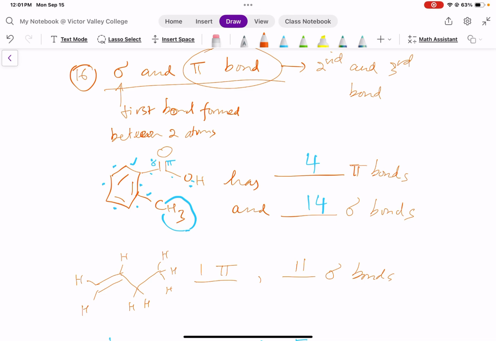Okay, so we have 4 double bonds, so that's 4 pi bonds. And we have a CH3, that's 3. In the ring we have 1, 2, 3, 4, actually 4 on the ring because this one has no hydrogens.